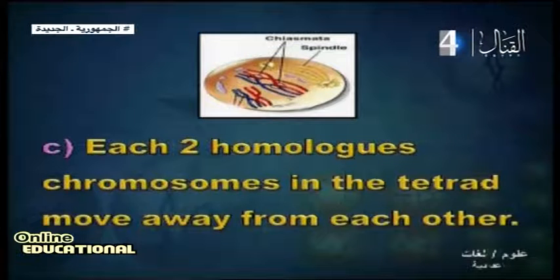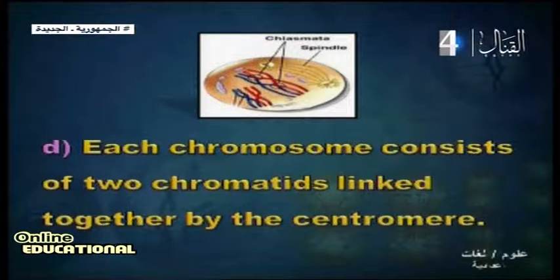Each 2 homologous chromosomes in the tetrad move away from each other, and each chromosome consists of 2 chromatids linked together by a centromere.